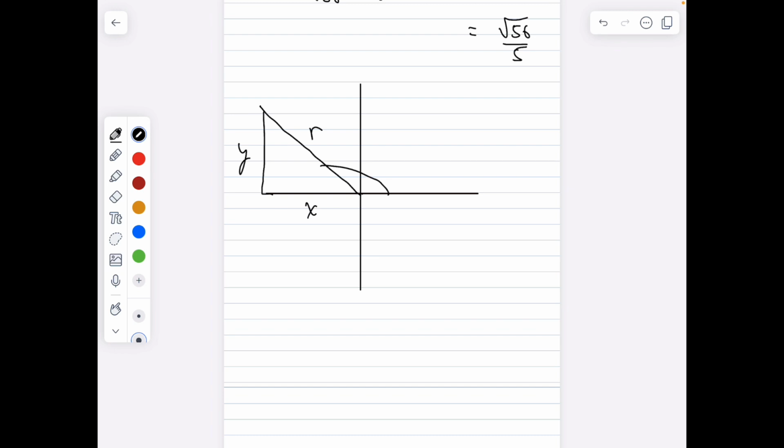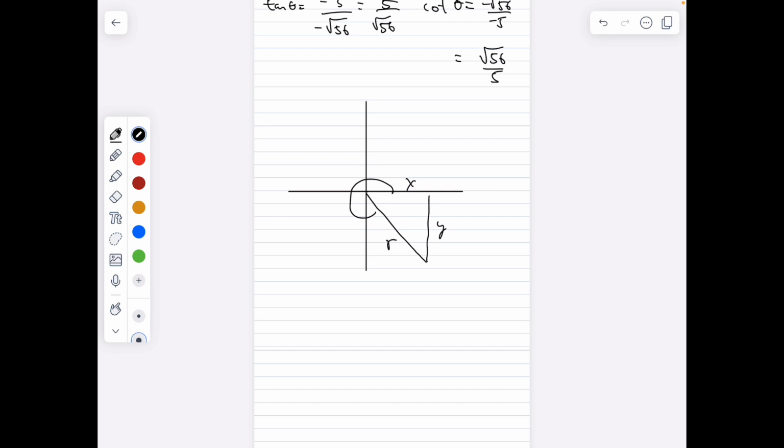So that's quadrant 2, and then finally in quadrant 4, you would have r, y, and x. So that's how you would draw them in each quadrant.